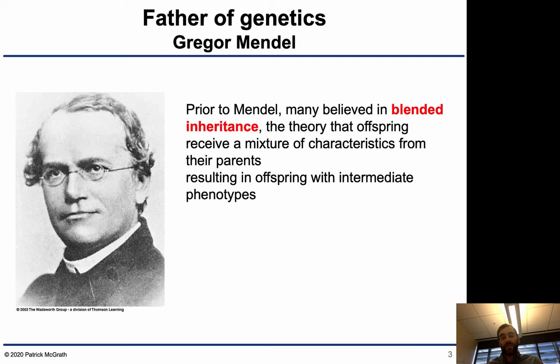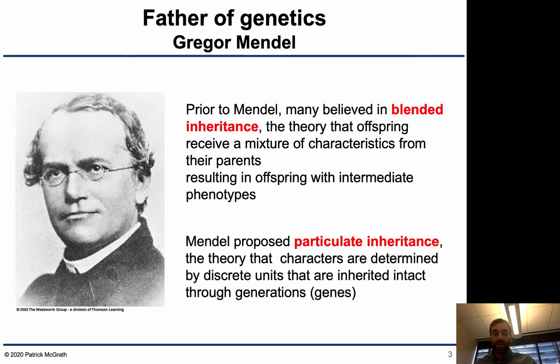He did that because he did a lot of very careful experiments using pea plants. Mendel instead proposed particulate inheritance, the theory that characters are determined by discrete units that are inherited intact through generations. These are genes, and the important part of this is that we each have multiple alleles of each gene.